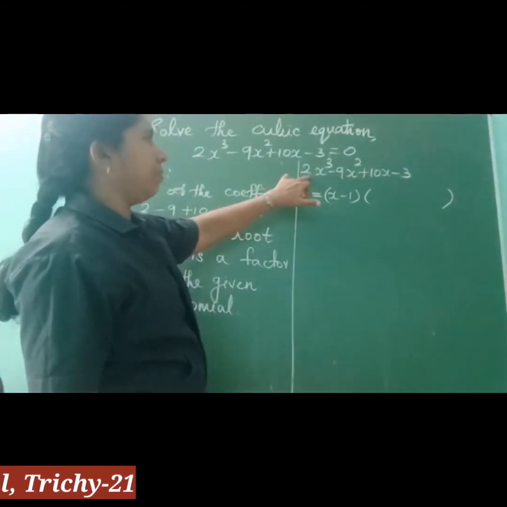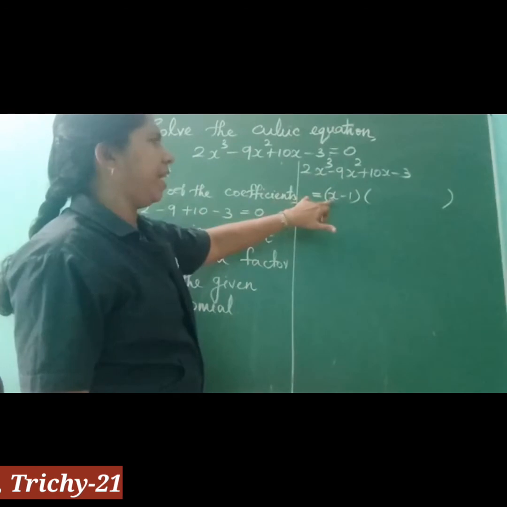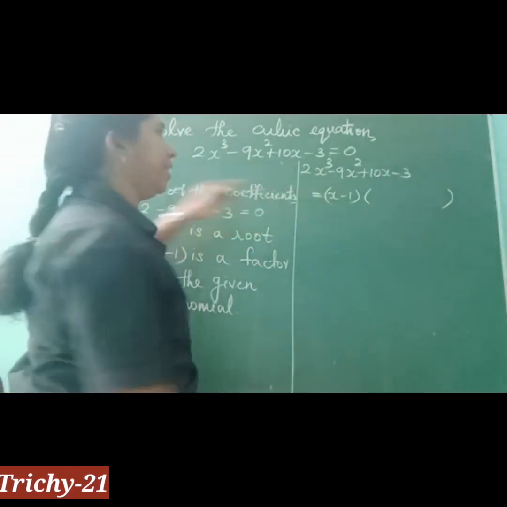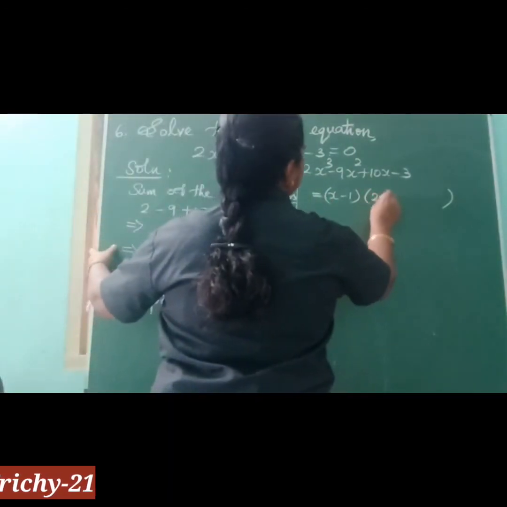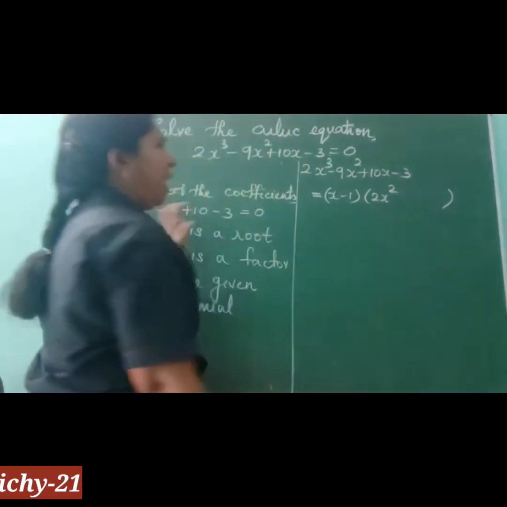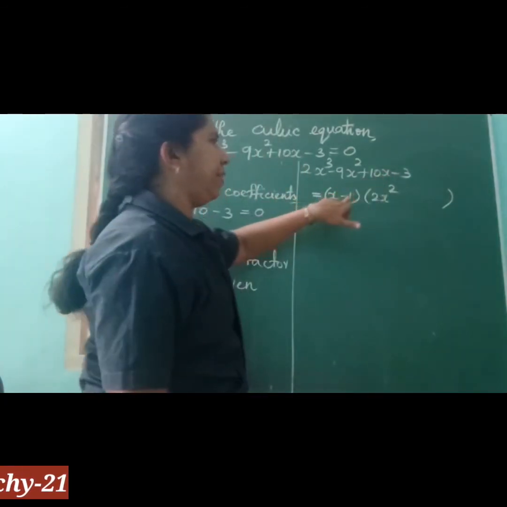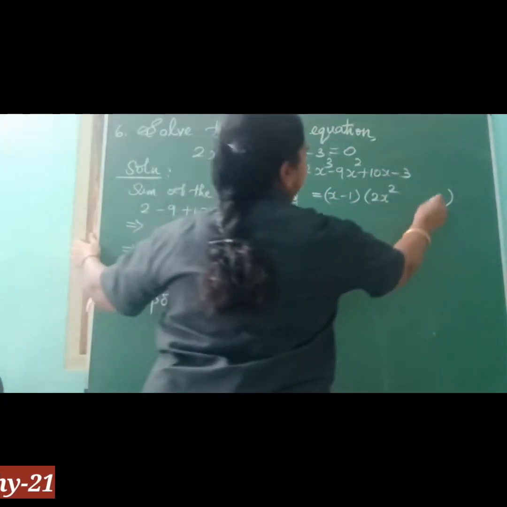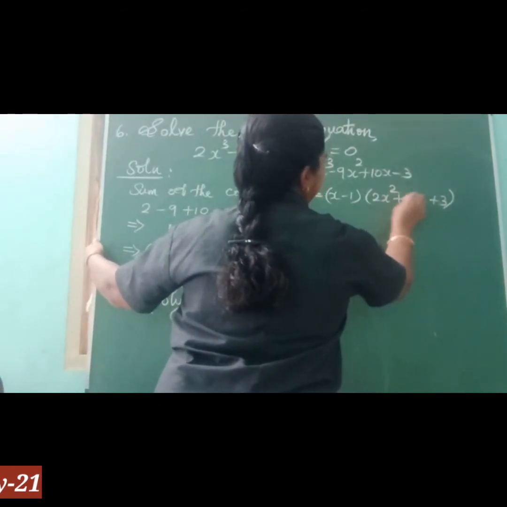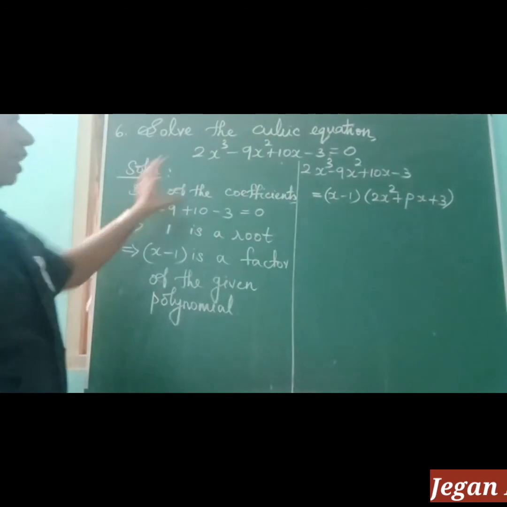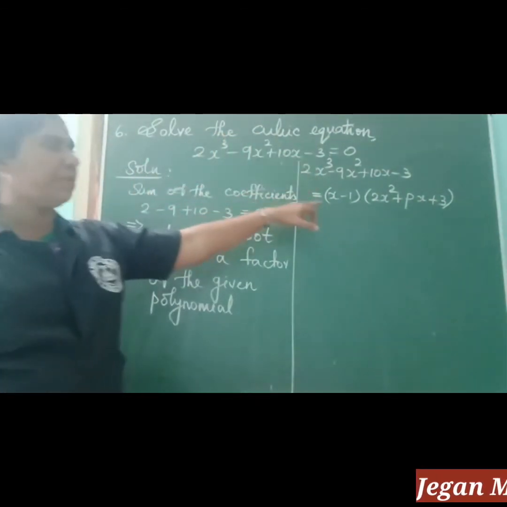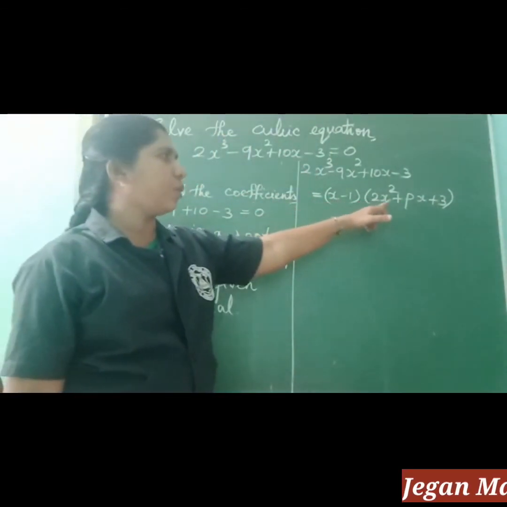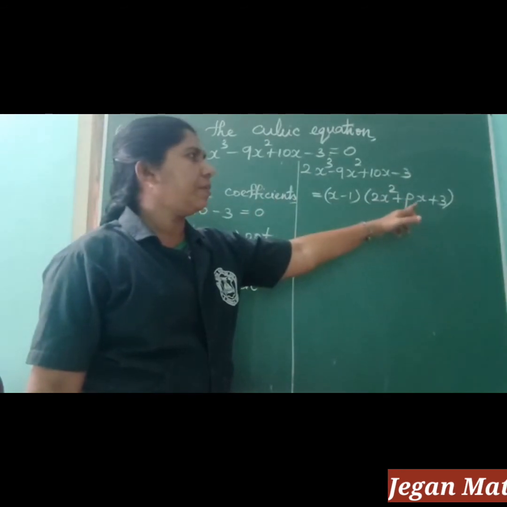The first value, 2x cube divided by x, what are we getting? 2x square. Last constant, minus 3 divided by minus 1, is plus 3. In between value we don't know, that we can take as px. So the given equation can be written as x minus 1 into 2x square plus px plus 3.